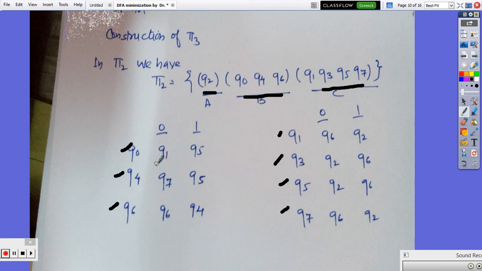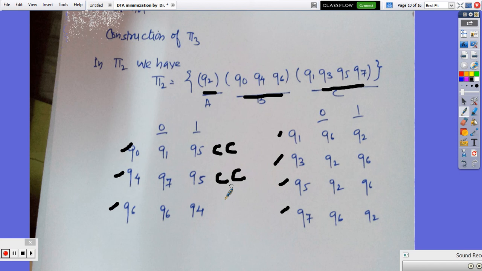So here we can see Q1, Q5. Q1 is here and Q5 is here, so I can write C, C. Q1 belongs to C and Q5 belongs to C. Now Q7, Q5. Q7 is C and Q5 is also C, so I can write C, C. Q6, Q4.